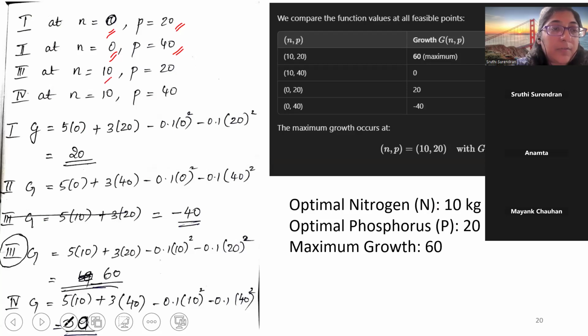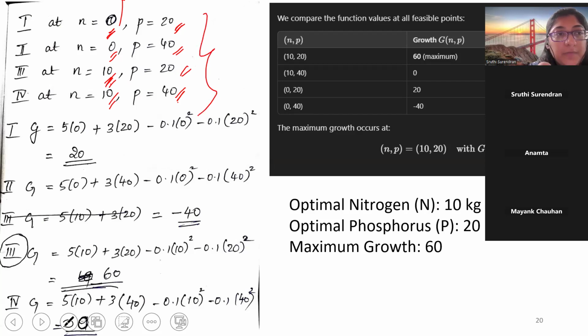Third, we will also find out the growth value at the upper limit of nitrogen and lower limit of phosphorus. And in the fourth step, upper limit of nitrogen and upper limit of phosphorus. Basically, we are substituting this constraint 0 to 10. We are finding what is the growth at 0 and 10 of nitrogen and 20 and 40 of phosphorus. So we get four solutions like this.